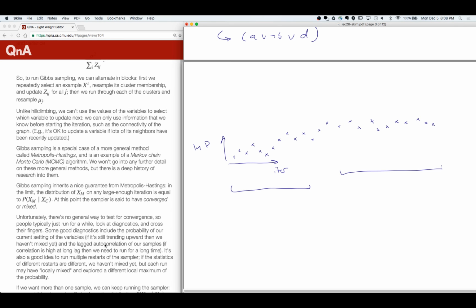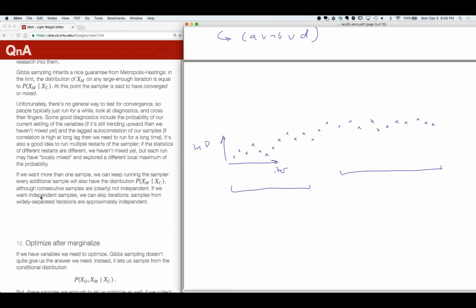If things are going poorly, the autocorrelation will remain high. And if that's the case, then that just means you're stuck. You have to run the sampler for a really long time. All right? And so we run our Gibbs sampler. At some point it's mixed, and then after that, we can keep looking at it and taking samples every so often to get more and more samples from this conditional distribution.